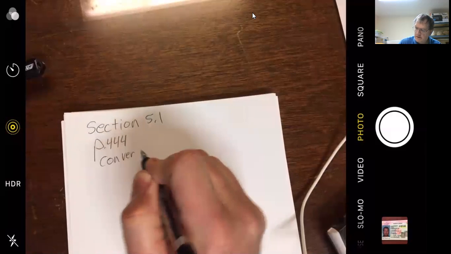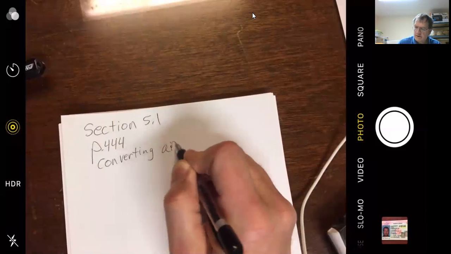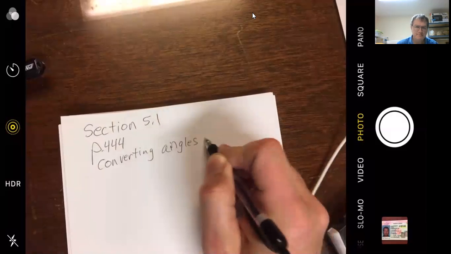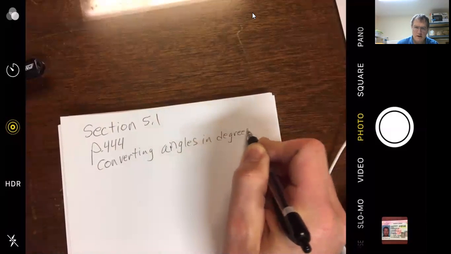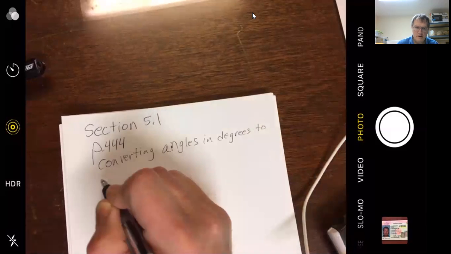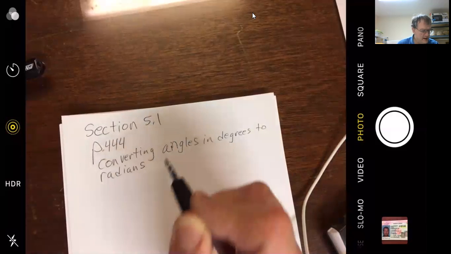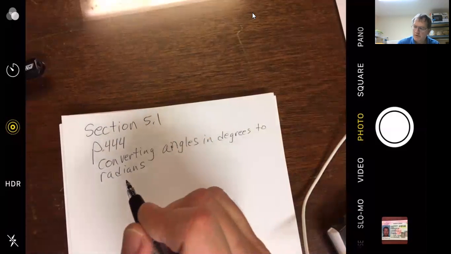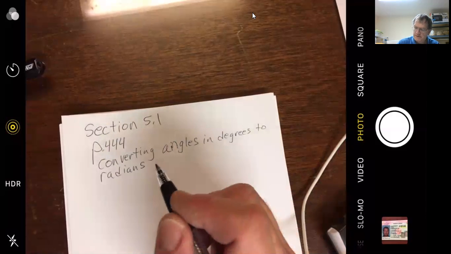Converting angles in degrees to radians. Let's catch it up a little bit. It's a little better. Why don't we try number 7? 54 degrees.